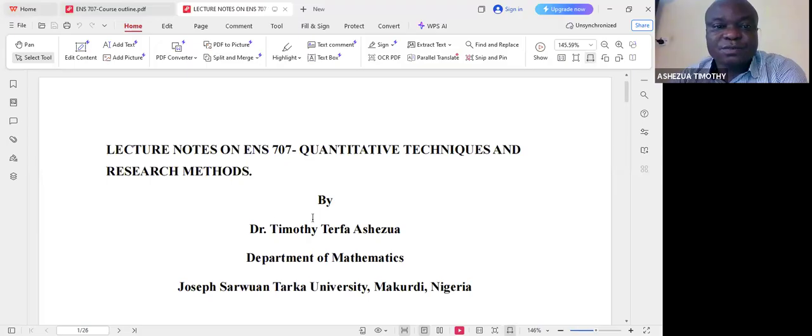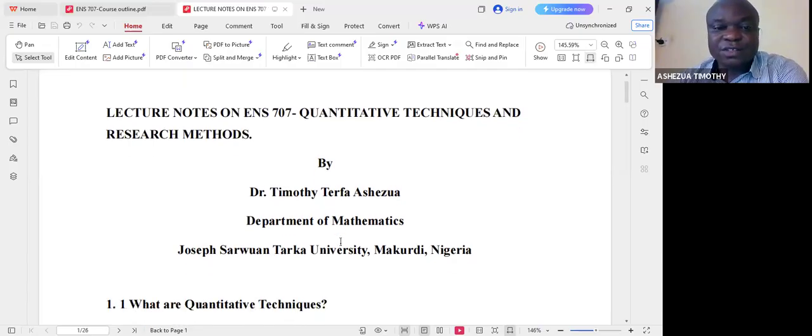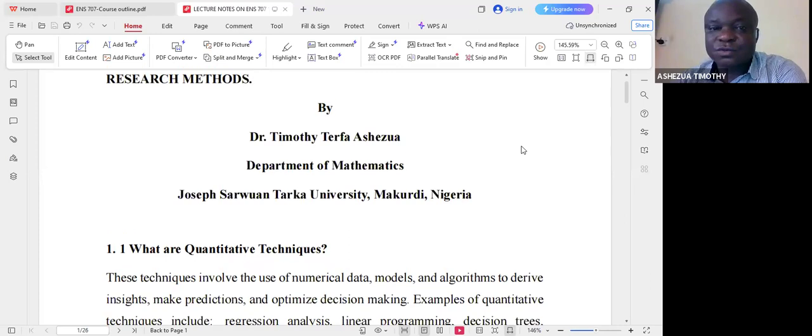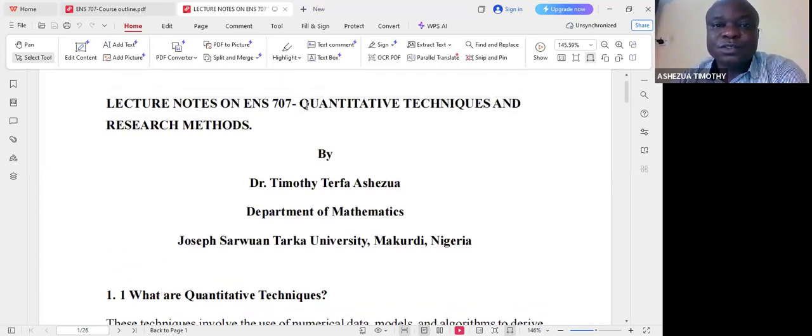So it's by Dr. Timothy Tefa Shezwa, Department of Mathematics, Joseph Sawan Taka University. The course is about quantitative techniques and research. So firstly, we'll look at quantitative techniques. You need to know what quantitative techniques are.